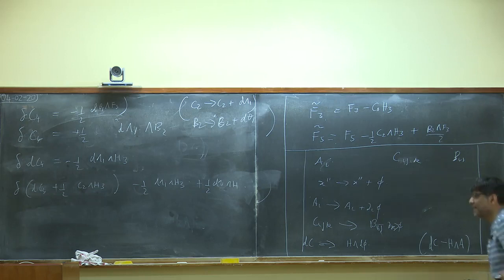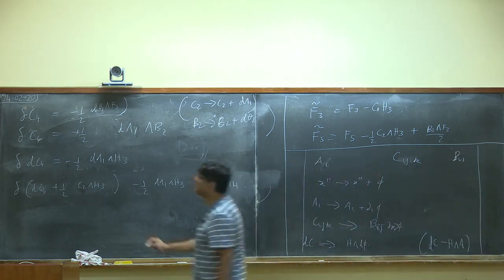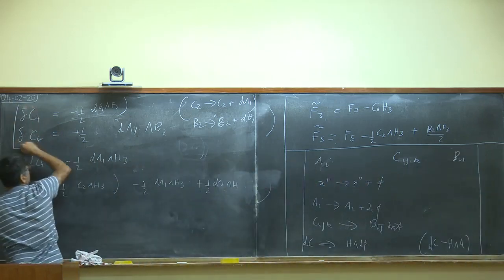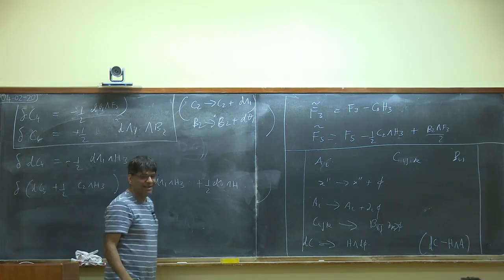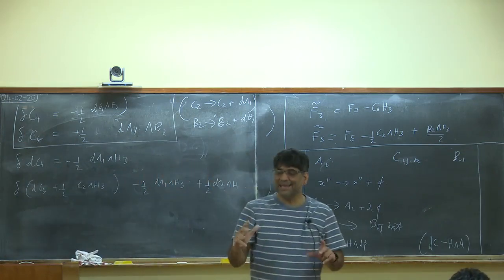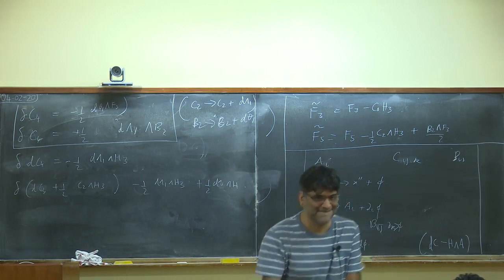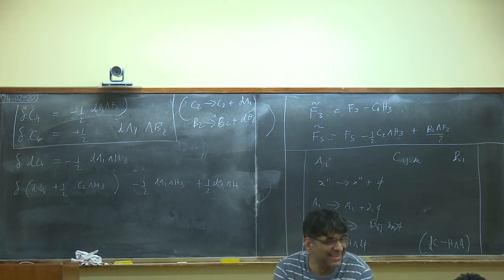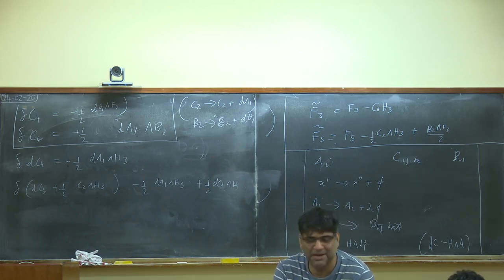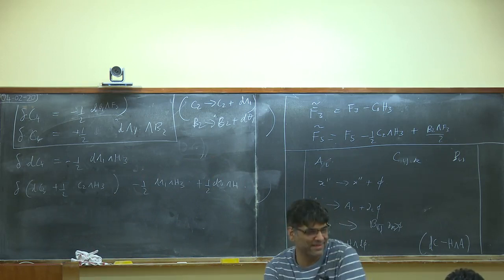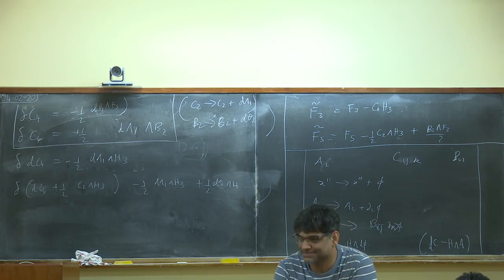So these are the gauge transformation properties of dC4 under the Ramond-Ramond and the NS-NS two-form symmetries, which are labeled by one-form parameters.